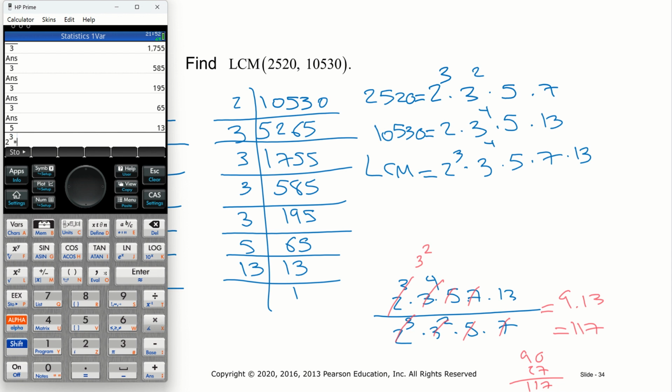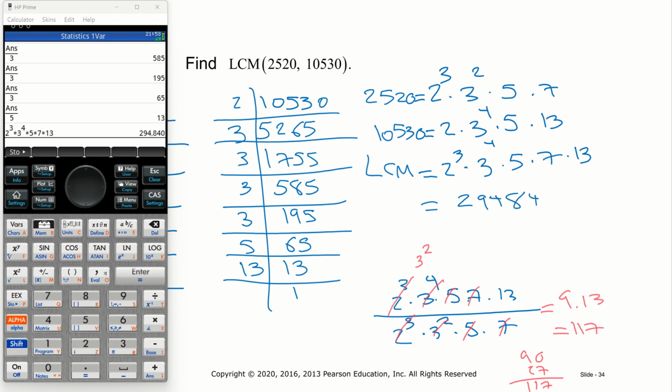So times 3 to the power of 4, again hit the right arrow, times 5 times 7 times 13. And that gives me 294,840. So that is the LCM of these two numbers.